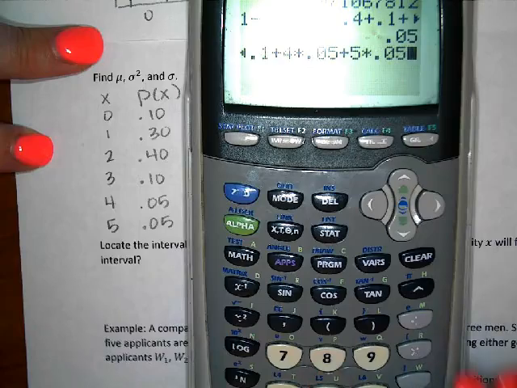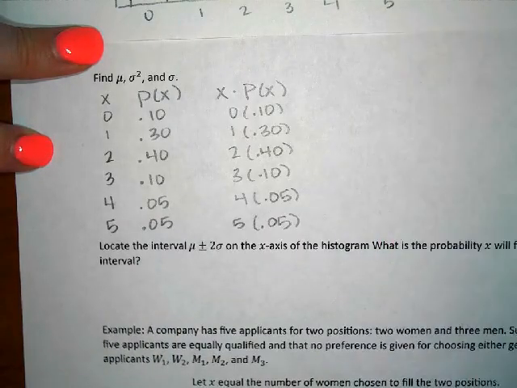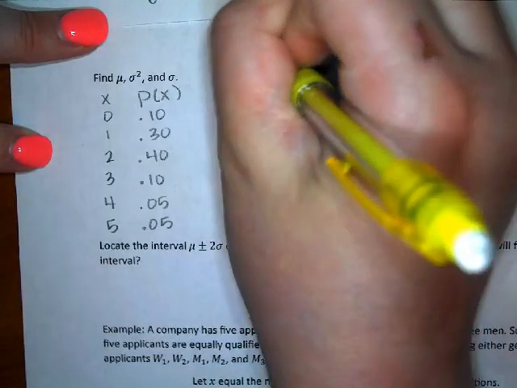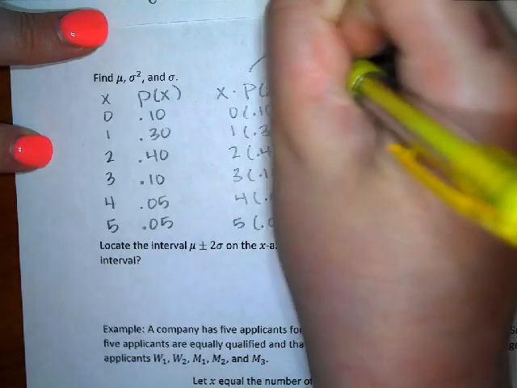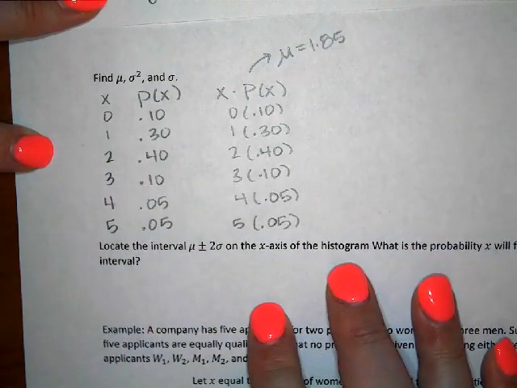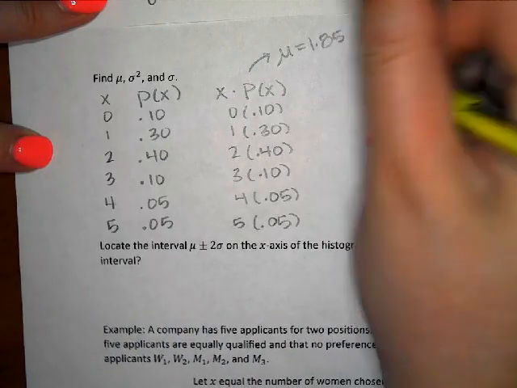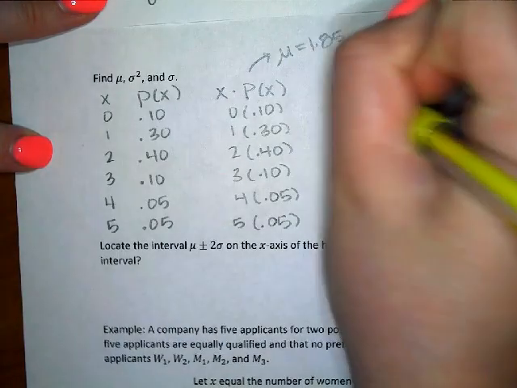Okay, so mu is 1.85. Okay, and then next I need to calculate my sigma squared, and so that's going to be x minus mu squared times p of x.